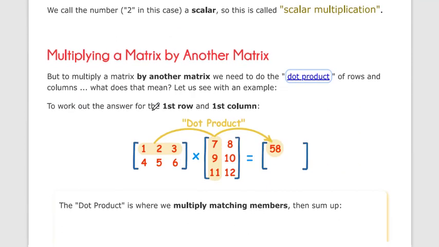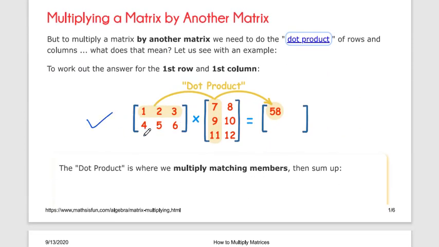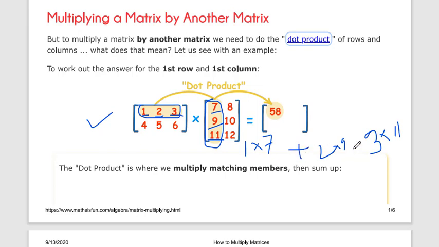Multiplication with a scalar we already know. Now let's say we multiply with another matrix. First of all we have to take the first row and first column, then multiply each element, 1 into 7, second element 2 into 9, third element 3 into 11, and add all, and this value is put as the answer in first row first column. Why? Because we have taken first row, first column.